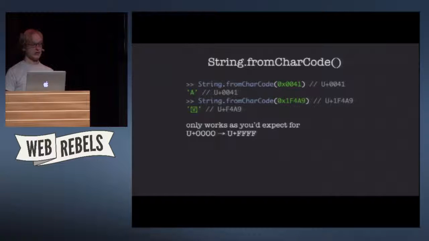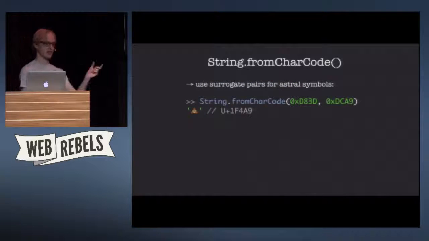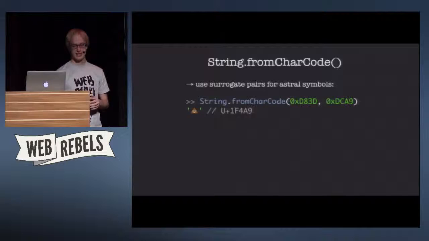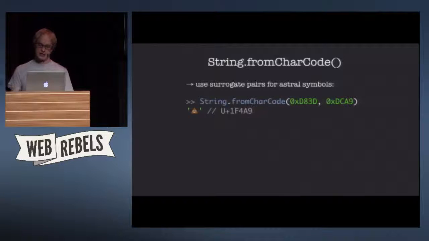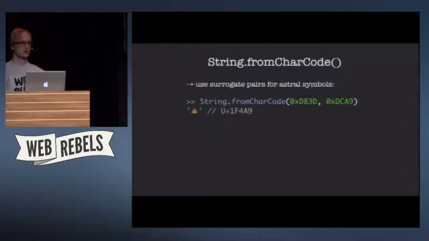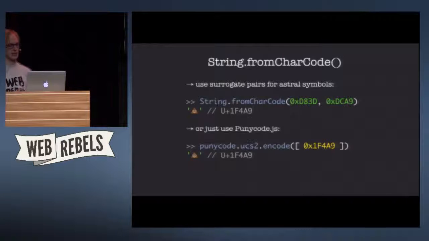Now, the solution here is to calculate the surrogate halves yourself, which means you have to implement those formulas that I talked about earlier, and then pass them as separate parameters to this function, which, needless to say, is a pain in the ass. You don't want to be doing this. Now, one other solution is to use a third-party library that implements those formulas for you, so you don't have to do the calculation manually.